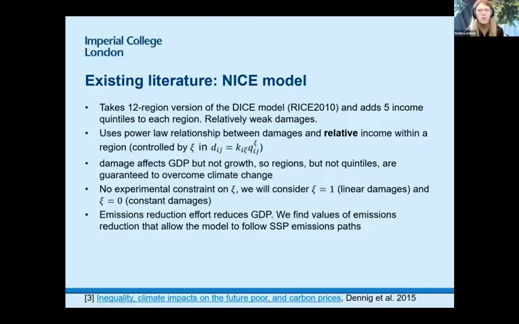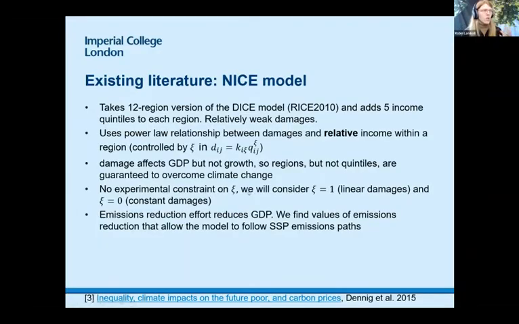So you can't outgrow damage in this sense. You still affect only GDP and not growth. So regions are guaranteed to not be trapped in negative damages. However, quintiles can get trapped and can reduce in income without arbitrarily high damages.